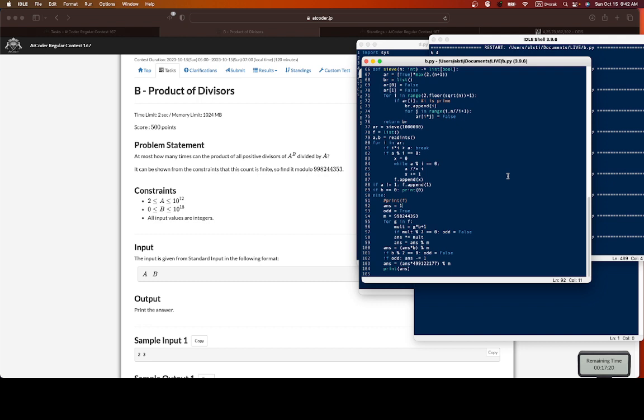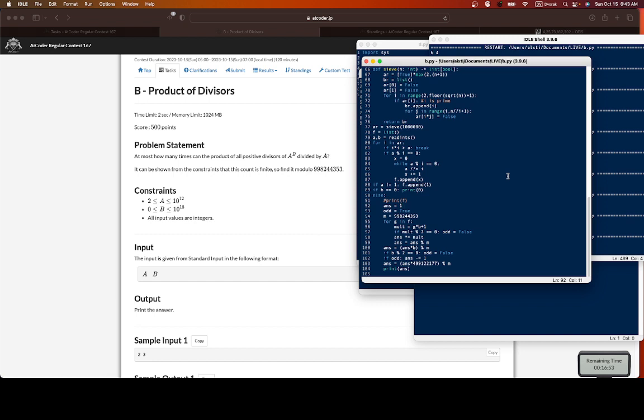Our answer has to be at minimum 1. A is at minimum 2.